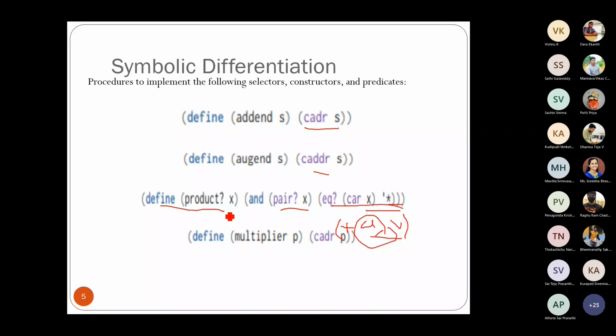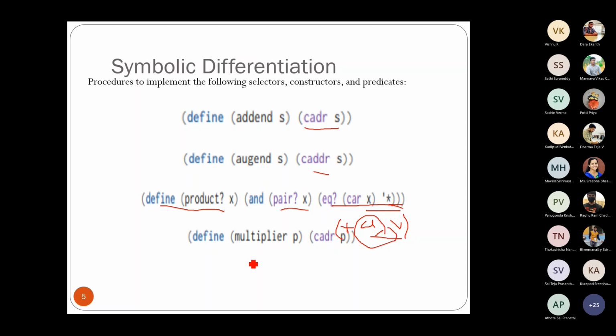So product question mark is a procedure which will do two tasks. One is whether the given argument is a pair or not. It should have three elements, the operator, then the operand and the second operand. So it checks whether it is a pair or not, and then whether the first operand is multiplication or not.